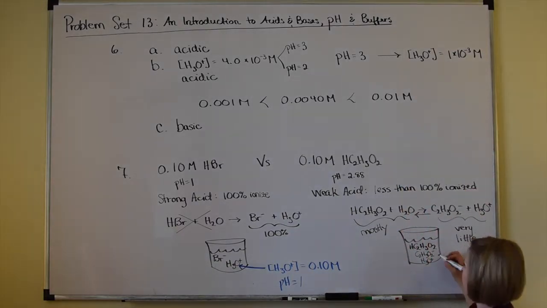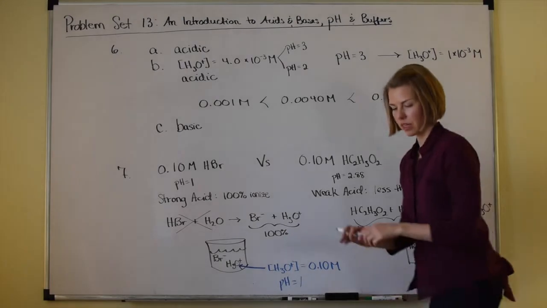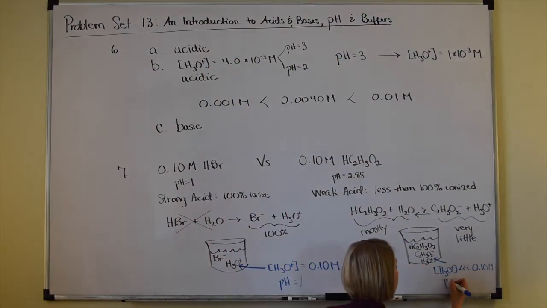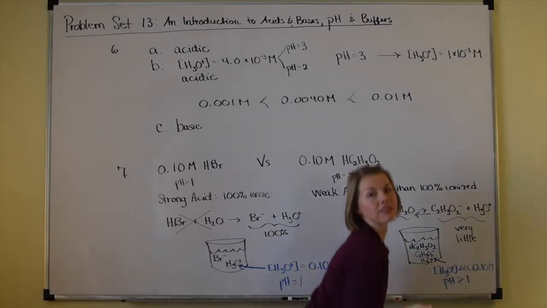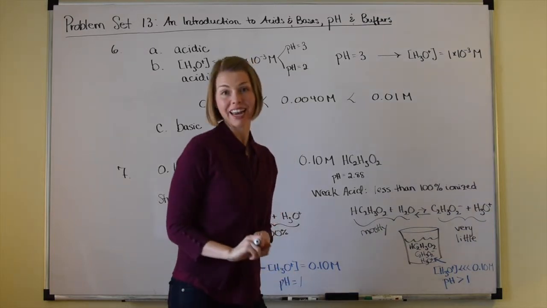So the hydronium ion concentration is going to be significantly less than that 0.10 molar. And that's why you're going to get a pH that is greater than 1, or as given in the problem, a pH of 2.88.